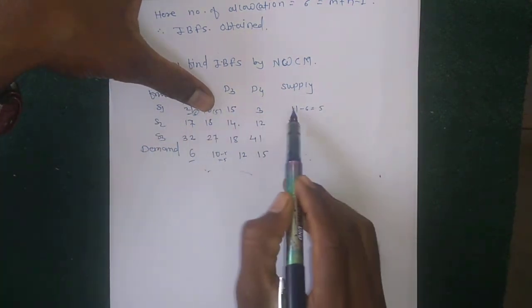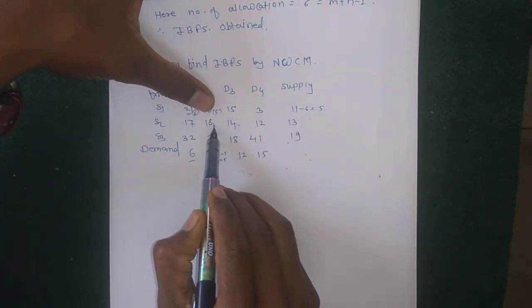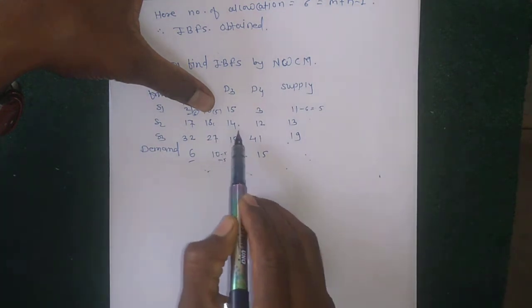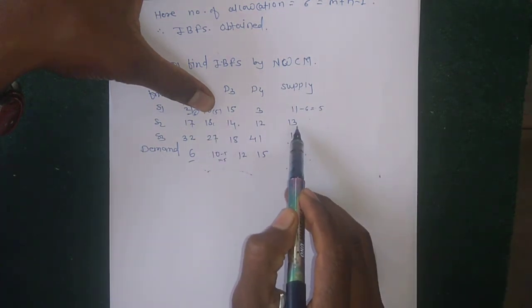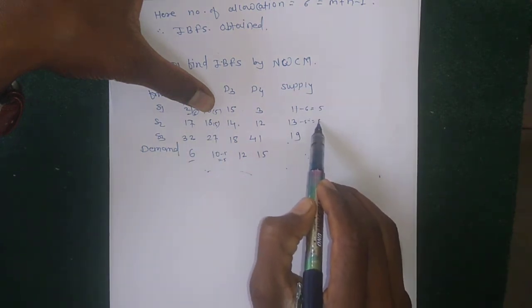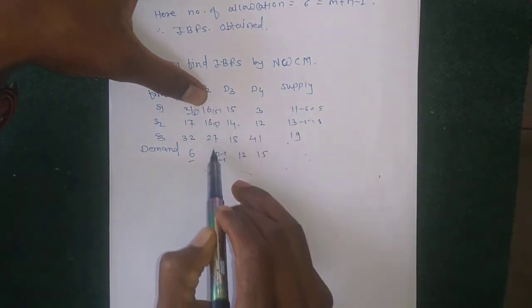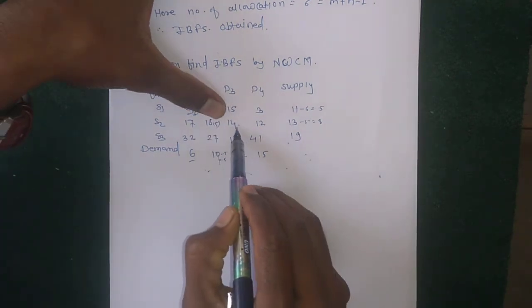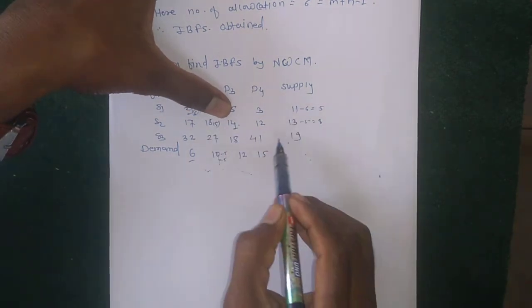Again start from 18, since S1 is removed. Here 13 is greater than 5, so allocate 5 and subtract, leaving 8. Remove the D2 column and start from 14.